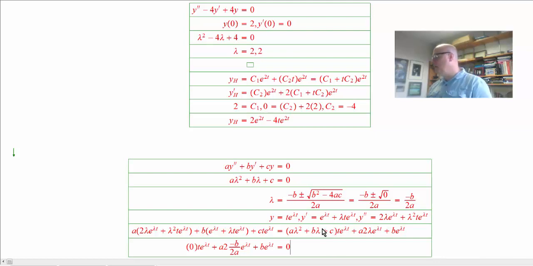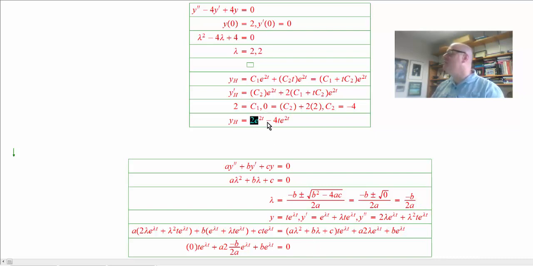So what does this mean? Long story short, this is a solution to this differential equation in the case where we get real and the same eigenvalues, because both eigenvalues will be minus b over 2a. We showed in the last video that any linear combination of two solutions is also a solution.